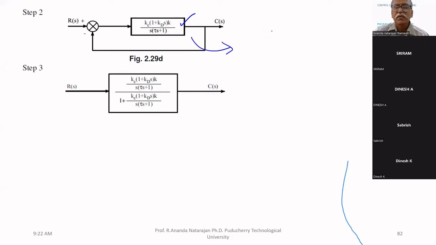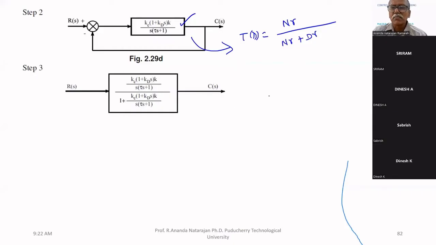The closed loop transfer function T of S equal to numerator upon numerator plus denominator.